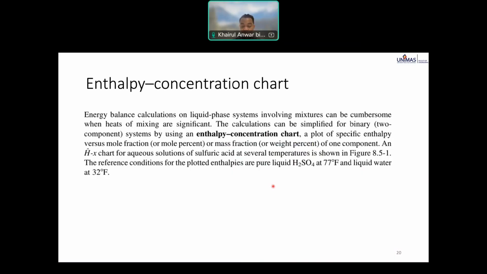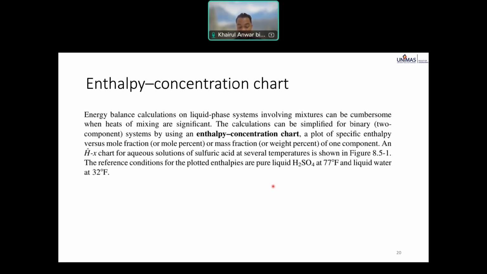We can refer to page 447, Figure 8.5-1. It's enthalpy versus mass fraction on the axis, an Hx chart for aqueous solutions of sulfuric acid at several temperatures. So this is specifically for H2SO4, sulfuric acid, in liquid form. It's a mixture of sulfuric acid and water in this case.